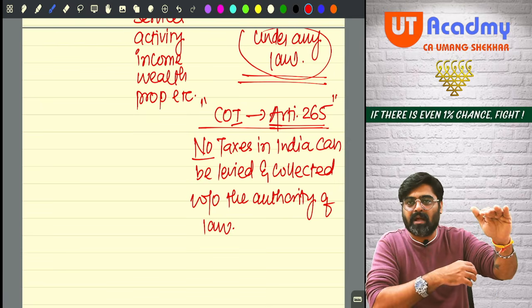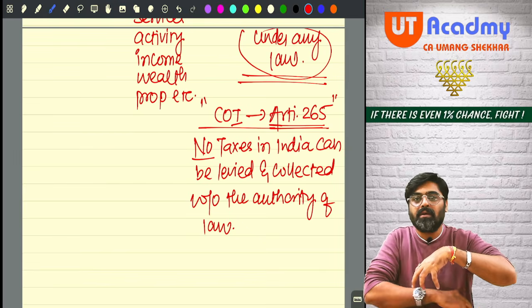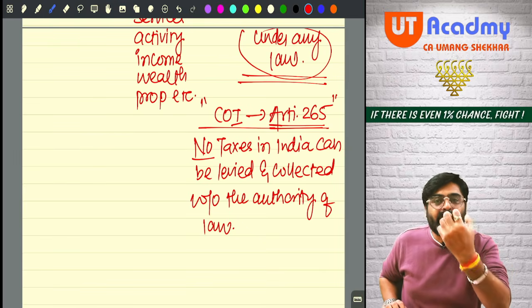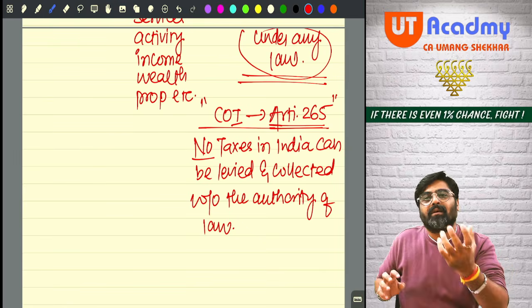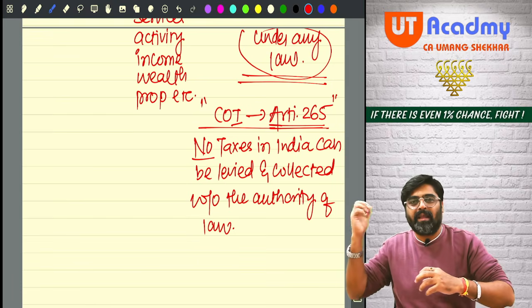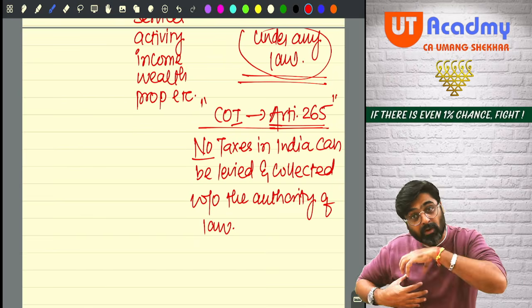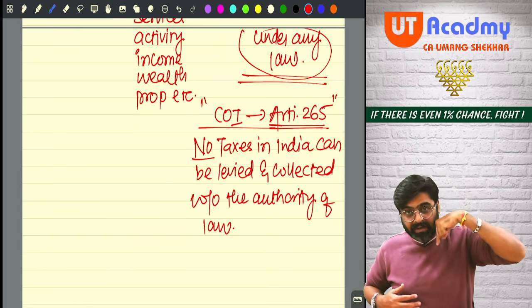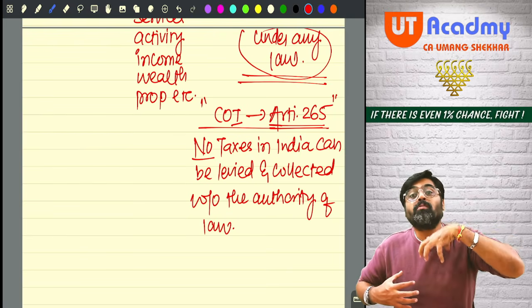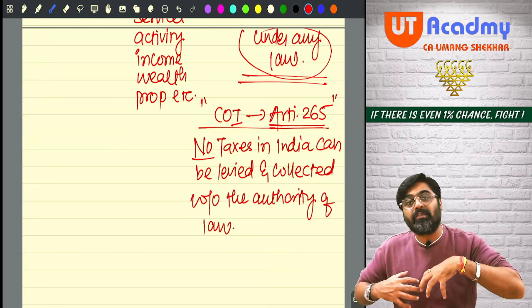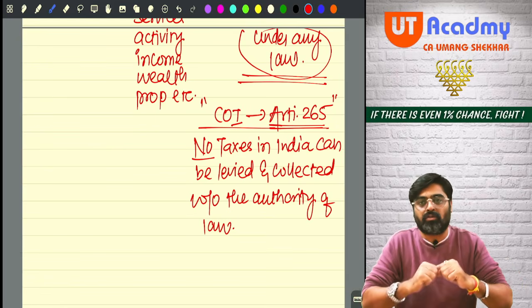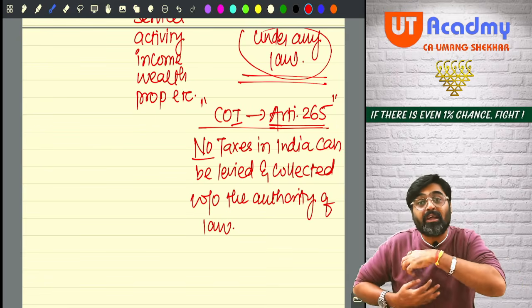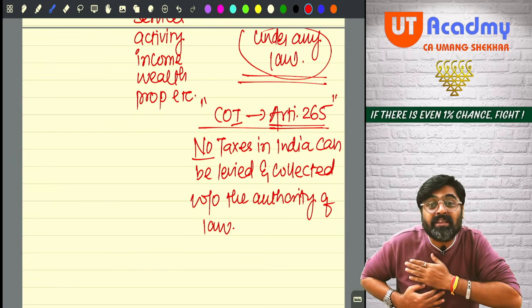I cannot tell the government that on my income, if I am liable to pay tax, please take that tax from my neighbor. No, the tax will also go from my pocket. Who is liable? Myself. So on whom will the burden of that tax fall? Myself. I cannot shift that burden to someone else. That tax will go from my pocket and it will pinch me.